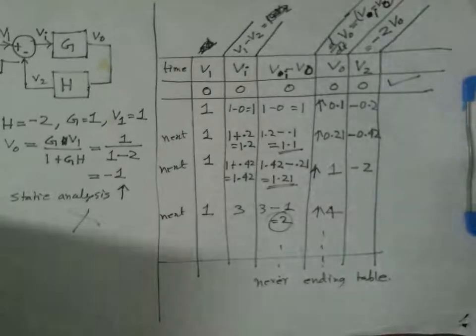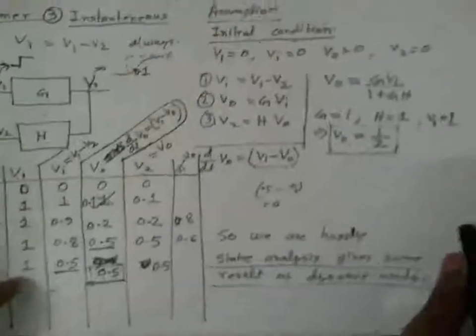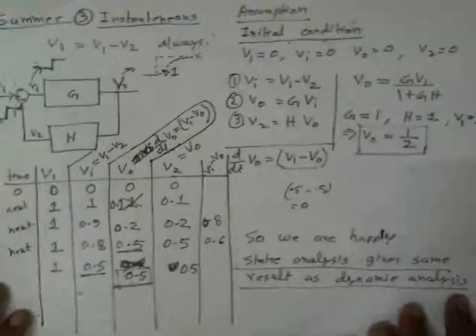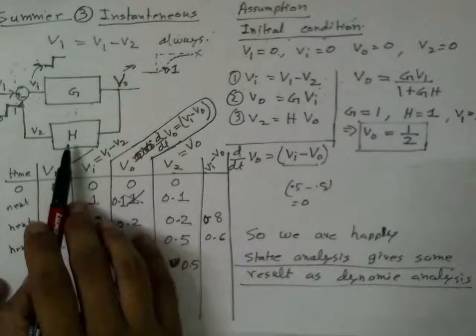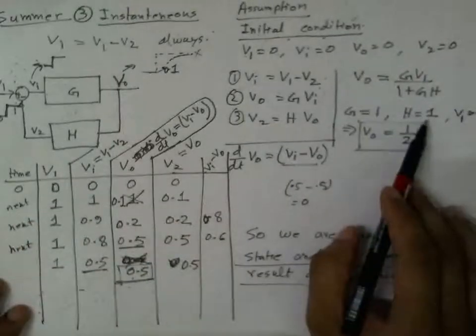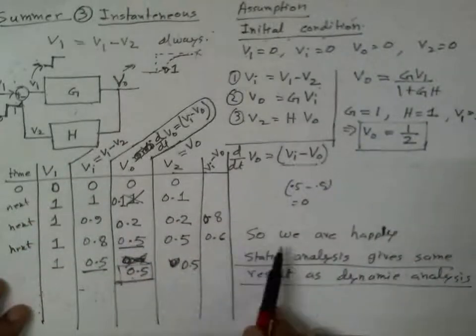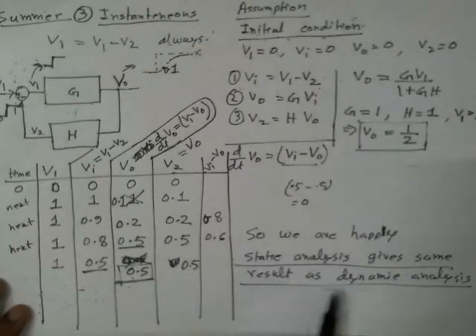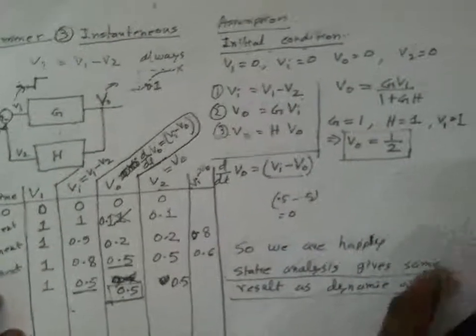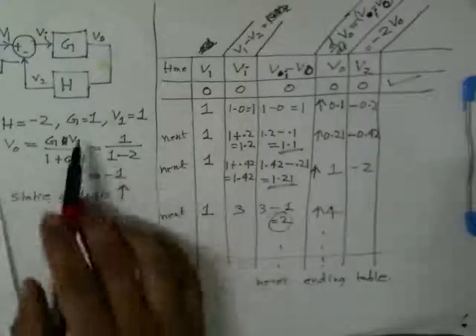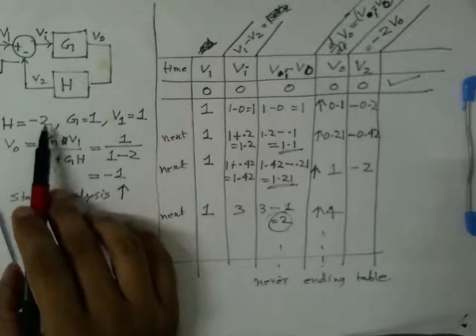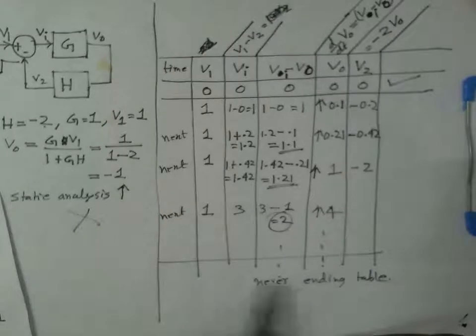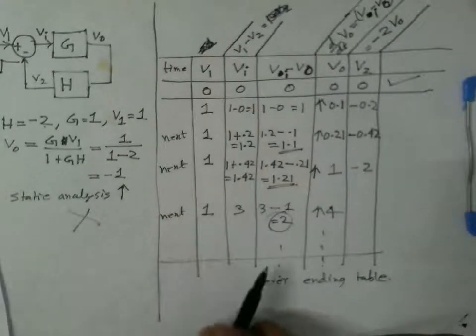Because in a previous slide, when h was +1, we were happy that the static analysis and the dynamic analysis gave the same result, but in this case, when h is -2, you see that these two are not giving the same result.